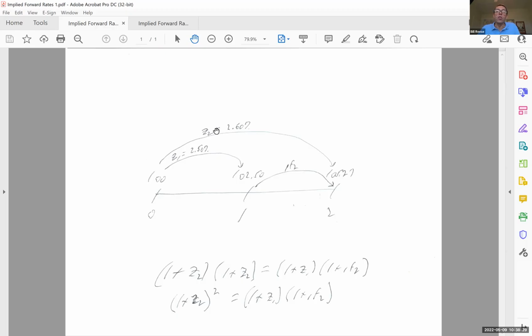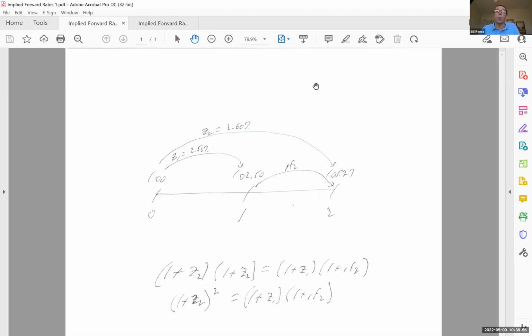So we're going to say Z2 is 2.6%. You can get this zero rate going from time zero to time 2 of 2.6%, but it's 2 semi-annual periods. This was Z1 going from 0 to time 1. You got 2.5% for 1 semi-annual period. Here you're getting 2.6% for 2 semi-annual periods.